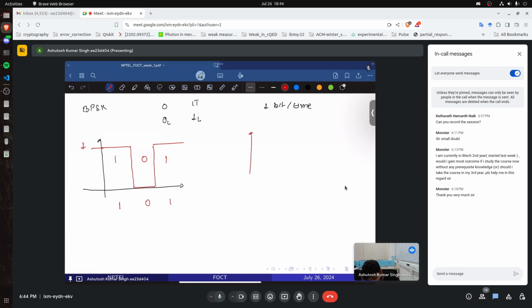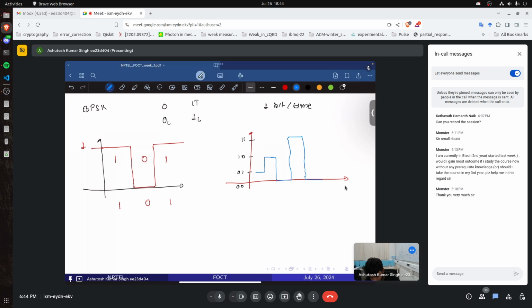But I might as well have 4 levels. By 4 levels, I can have 1, 2, 3. That would mean this would quantify 0, 0. This would be 0, 1, 1, 0, 1, 1. Now I can have my information do some kind of tapestry like now.